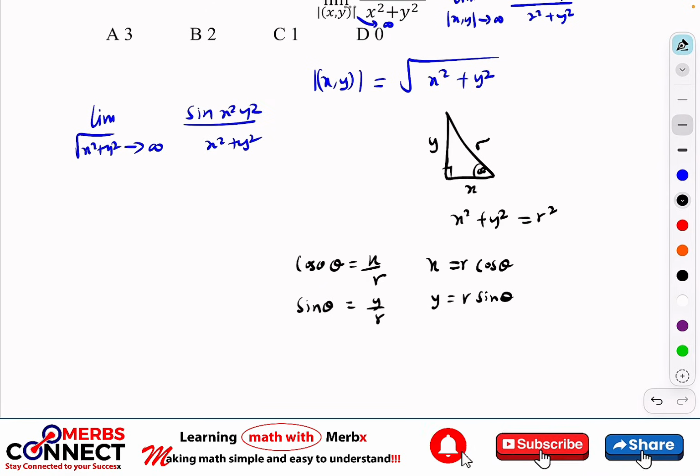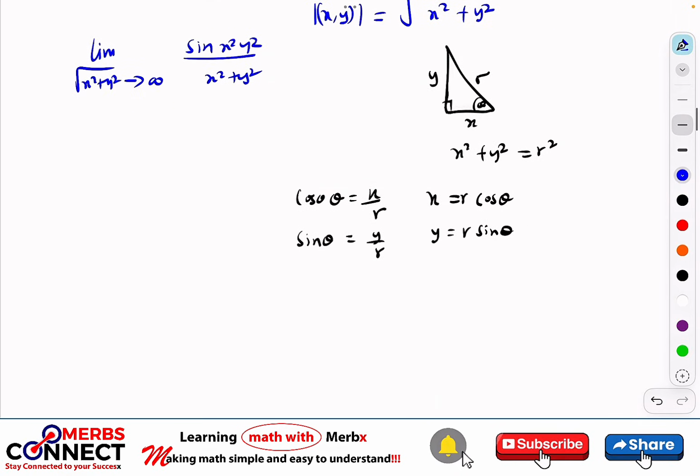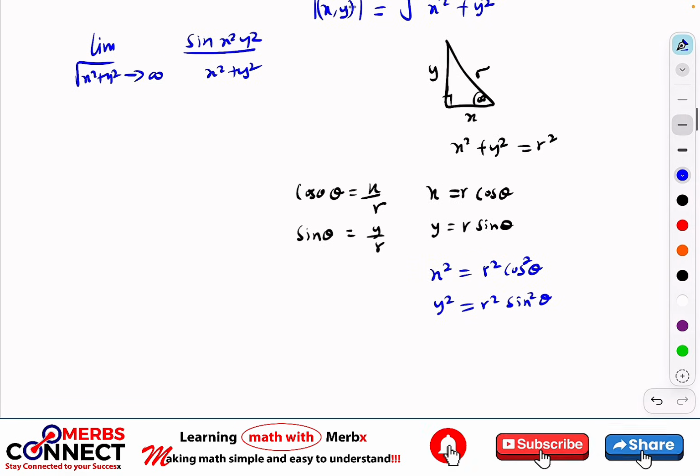When I square x, I'm going to have r squared cos squared theta. And when I square y, I'm going to have r squared sine squared theta. So that's what I'm going to get from this. Now let's try and plug them in, right? So what is going to happen here? If I want x squared plus y squared, this is going to be r squared.